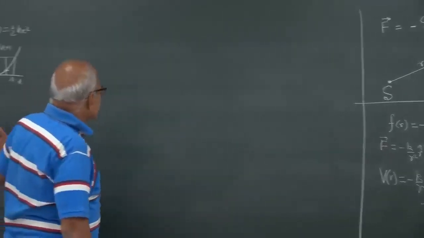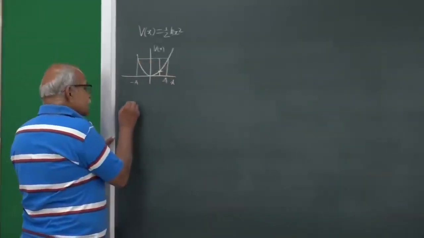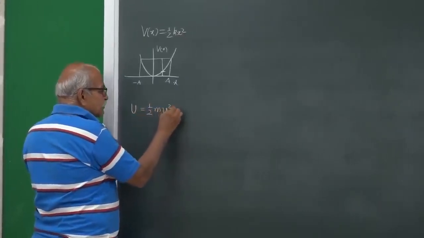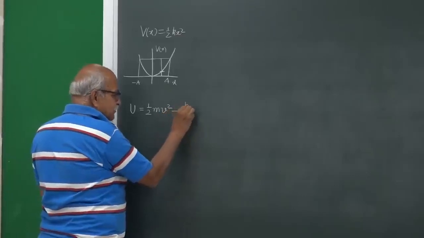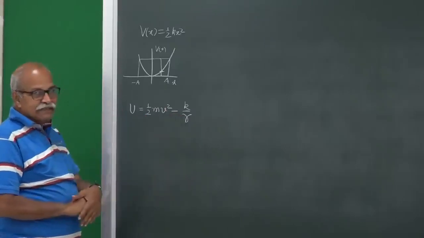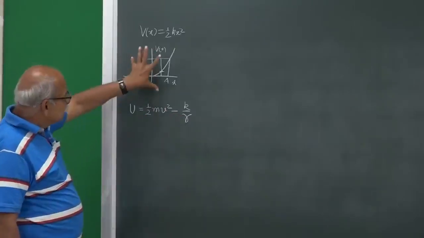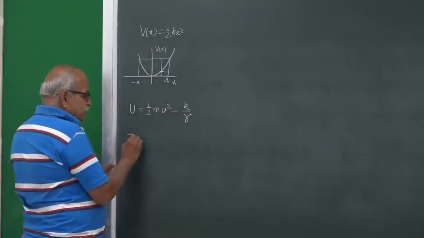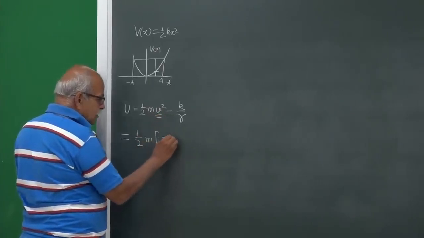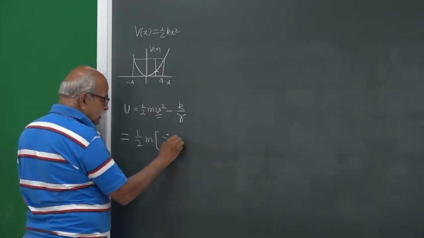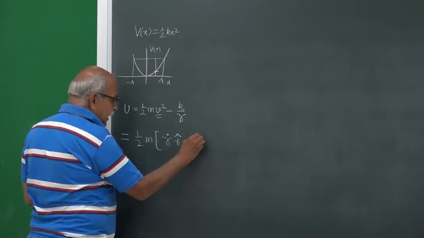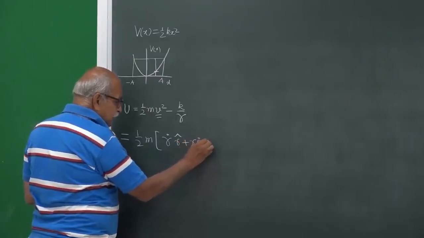Let us see what. First, we write the total energy U, which is half m v square plus potential energy, which is minus k by r, right. Kinetic energy plus potential energy is the total mechanical energy. This is what I want to use in this diagram, and this v I write as r dot r cap plus r theta dot theta cap.